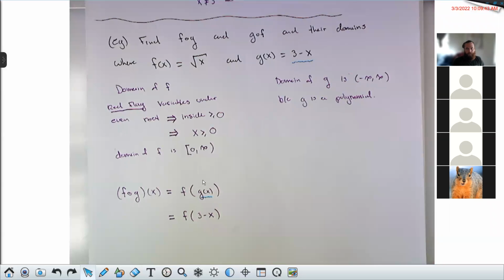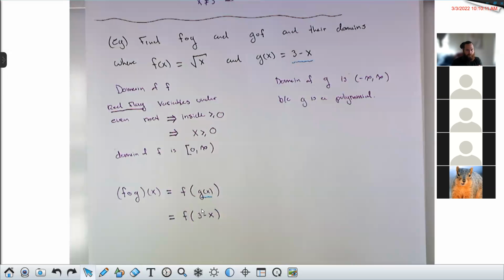Everybody with me so far? All right, we're almost done. To finish this up, I need to say what f of 3 minus x is. And remember, this is not multiplication. This is not going to be the square root of x times 3 minus x.